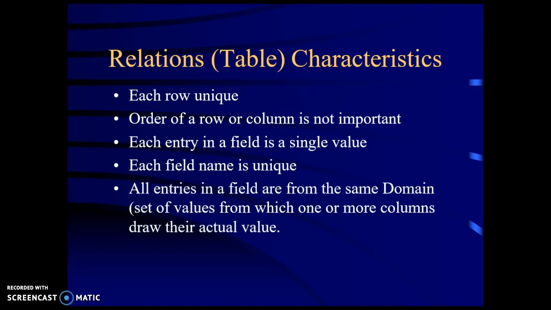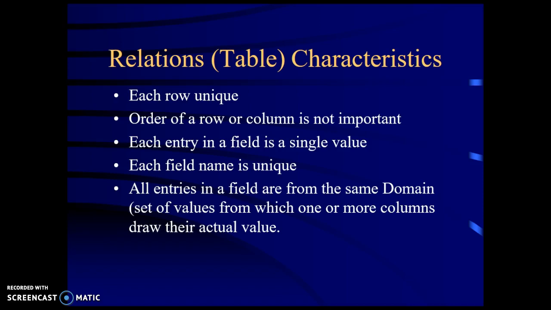All entries in a field are from the same domain. Now, realize what you're doing here for a domain is you're pulling out the values for that field from a set of values. For example, if we have the field last name, the domain can be very broad. It can include such things as all legitimate last names of people.